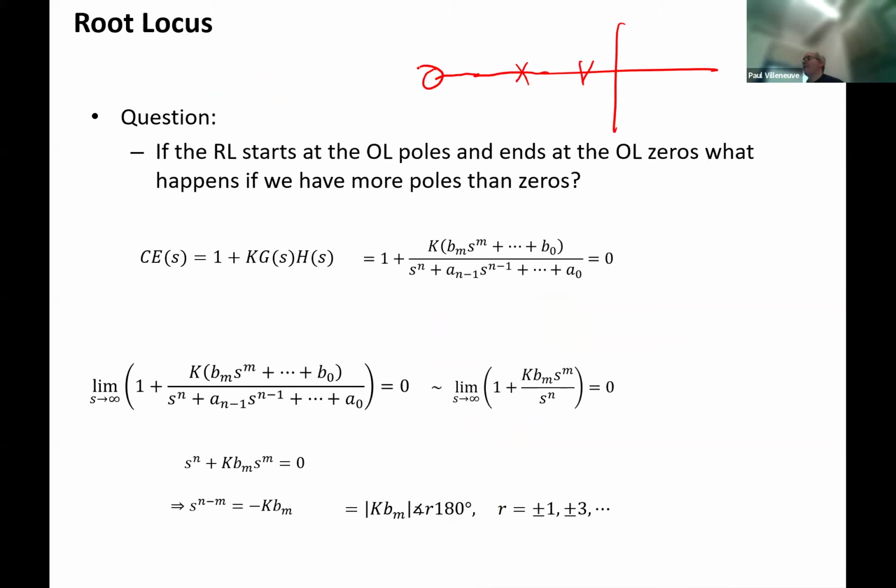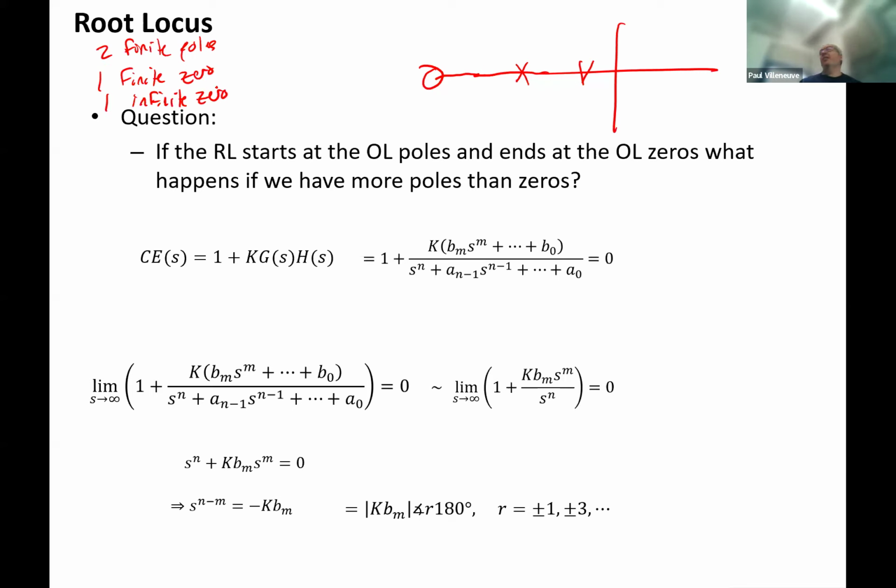What has to happen? Brandon? One of the poles would be infinite. Infinity, yeah. So when we include infinite poles, we have two finite poles, one finite zero, and one infinite zero.